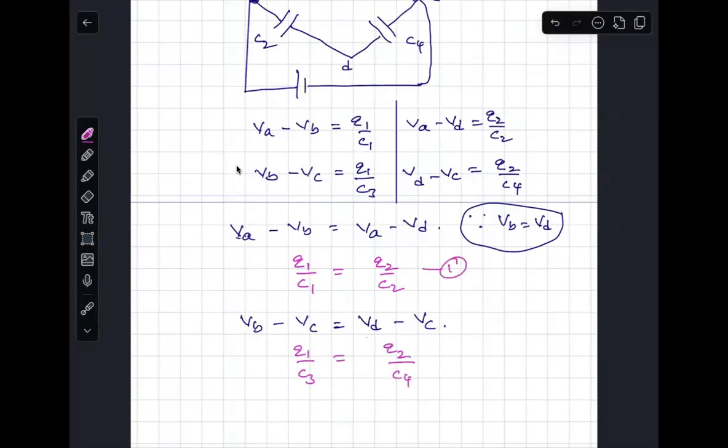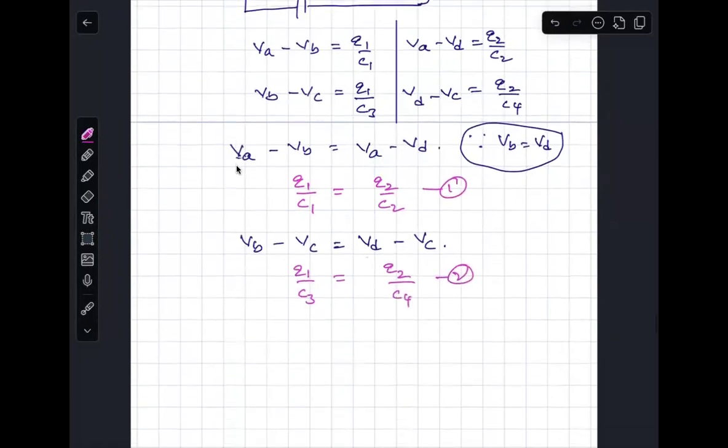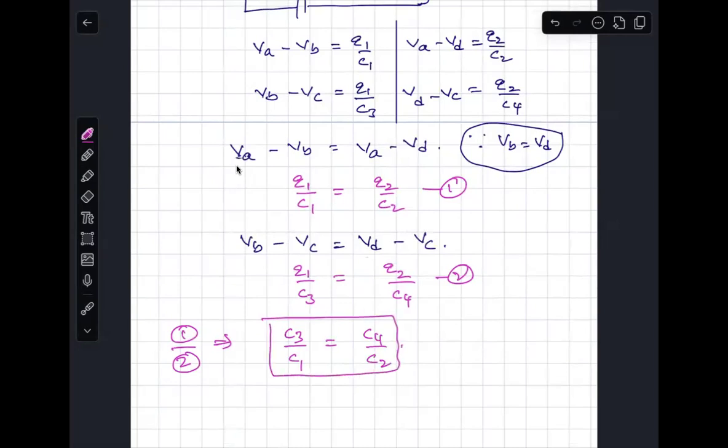Let this be equation 1 and let this be equation 2. If I do equation 1 by equation 2 properly, I'll get C3 by C1 is equal to C4 by C2. This is the balanced state condition of Wheatstone's bridge.